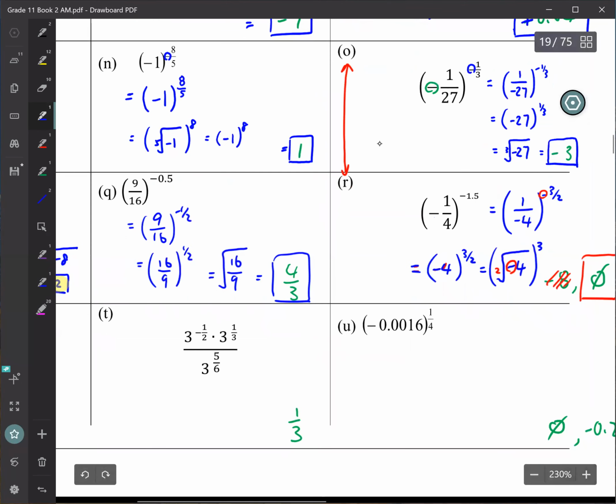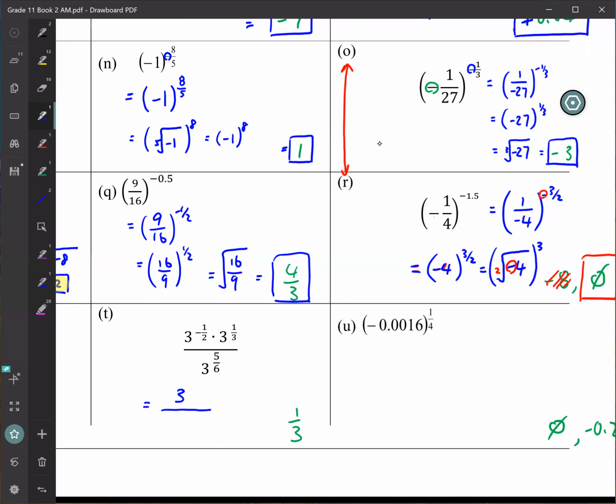Next one is using the exponent rules. You have the same base all around, right? So let's add the top. So when you add the top, it will be -3 plus 2, so -1/6, I think, right? Over 3 to the 5/6. When you divide, you will subtract. Subtract the exponent will be 3 to the -6/6, so -1.